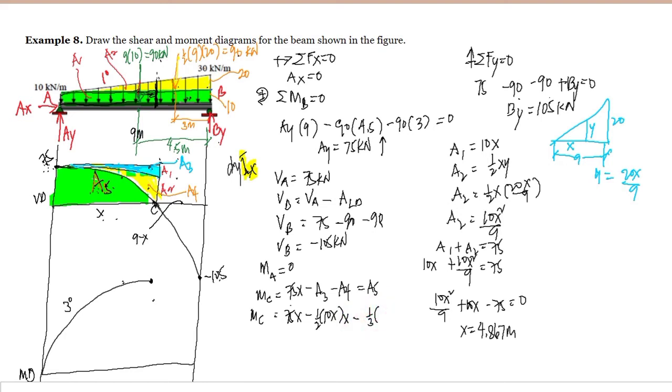Yung base natin dito is area 2, that's 10x squared over 9, and yung height nito is x. Substitute na lang natin yung x kanina. Kamukha nung ginagawa natin dun sa shear and moment function, mas masalimuot lang yung nangyari. So, we have here 10 over 27x cubed.